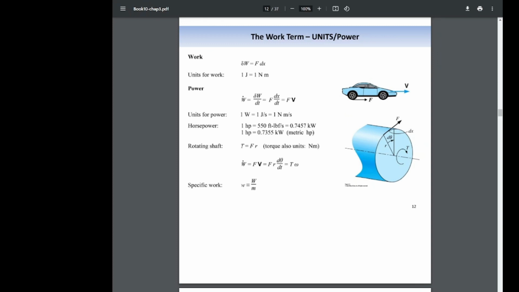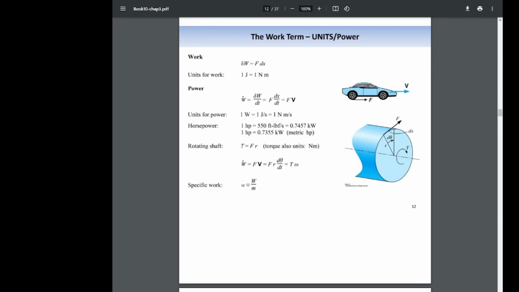But we could do the same thing here, where we're looking for power, and it's the same thing as what we've previously had, F times V, except now we're thinking about this velocity at some point that would be rotating around and around, which is just equal to F times R, which is our displacement, times our angular velocity. Now, if you just substitute in torque for F times R, you have torque times the angular velocity.